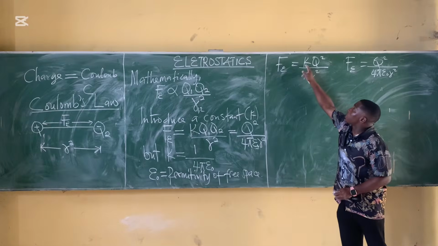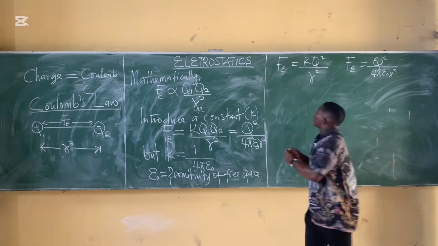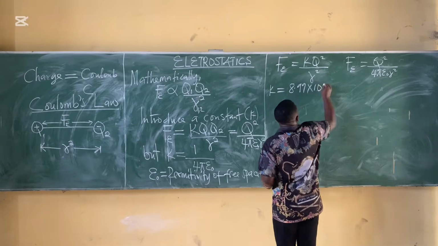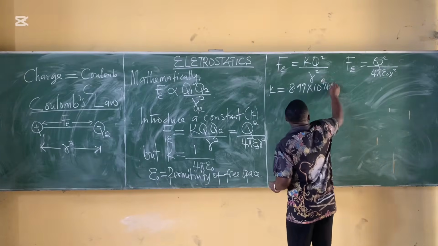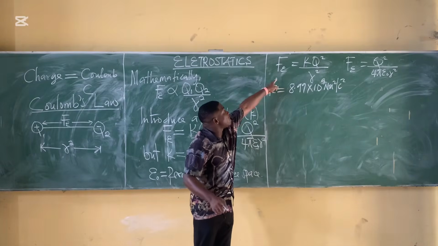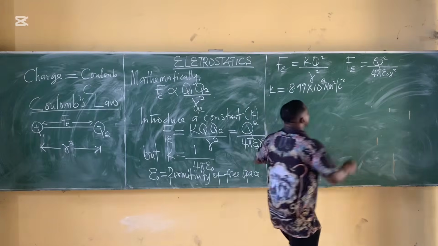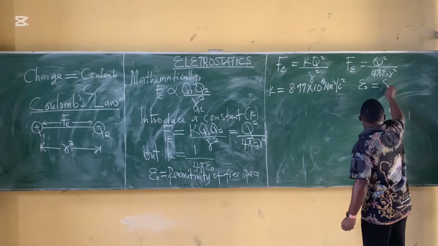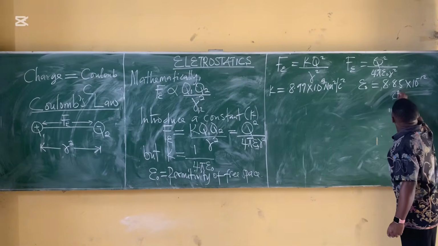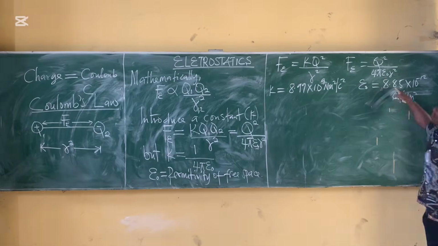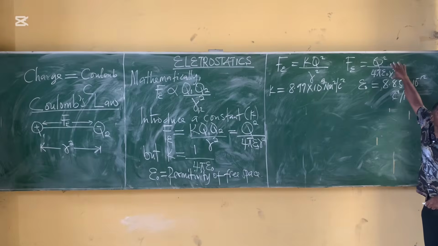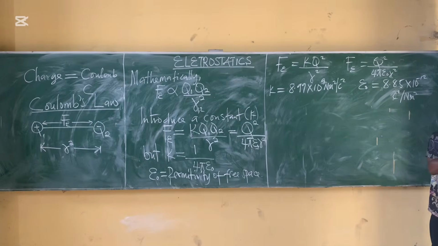When in your test they give you the value of K. K is a constant, 8.99 times 10 raised to power 9 Newton meter squared per Coulomb squared. Whenever you see this constant, you use this formula. But whenever they give you E naught equal to 8.85 times 10 raised to power minus 12 Coulomb squared per Newton meter squared, please take note: whenever they give you E naught, you use this. If you use this or this, you get the same answer.